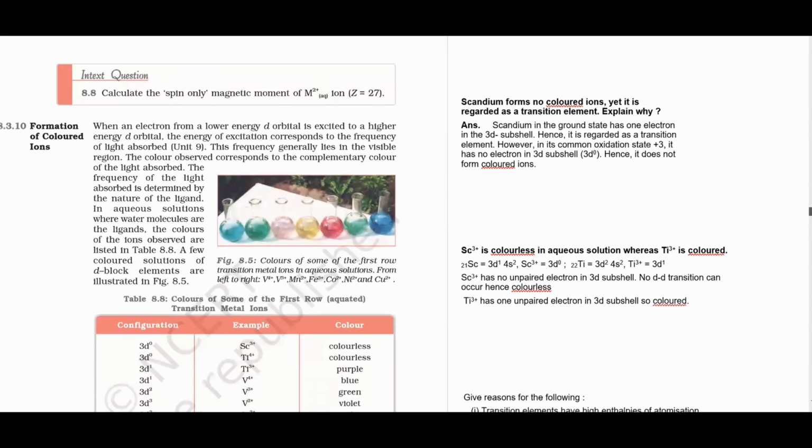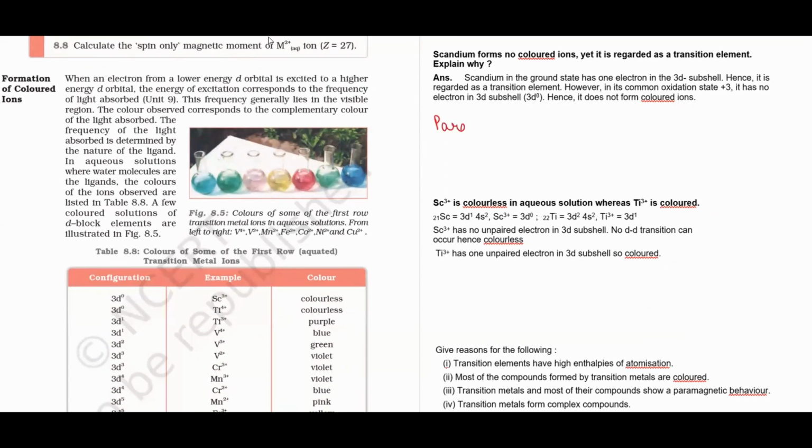Formation of colored ions is either due to paramagnetism, relating to d-d transition. The second type of question and second reason for color is for some ions such as KMnO4 and potassium dichromate.